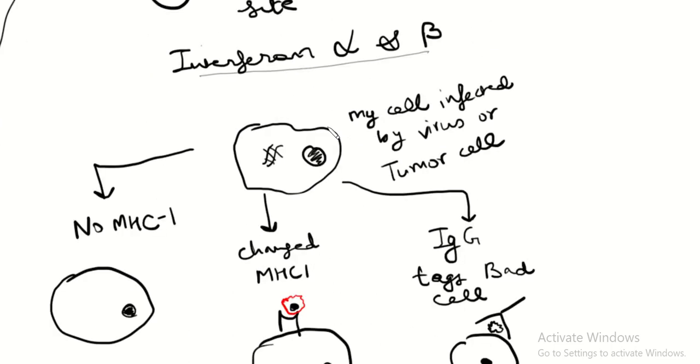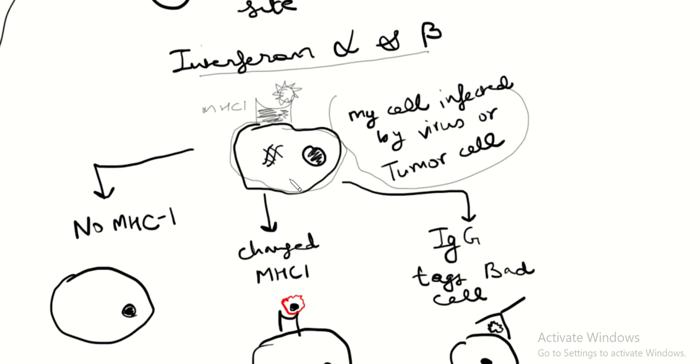So let's say the natural killer cells are now face to face with a bad cell. This is my bad cell. My normal cells are going to have an MHC1, right? And that's going to be attached with the self antigen.